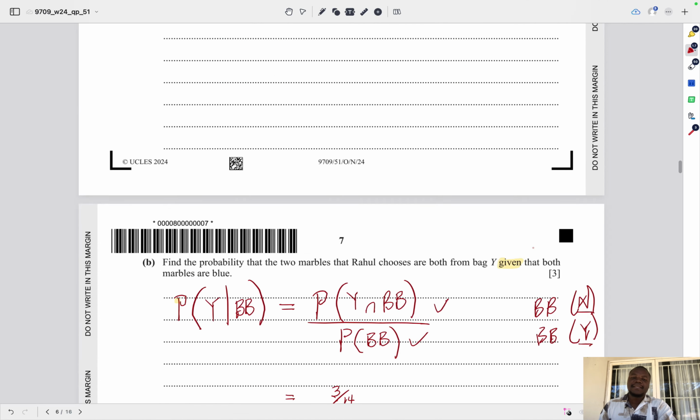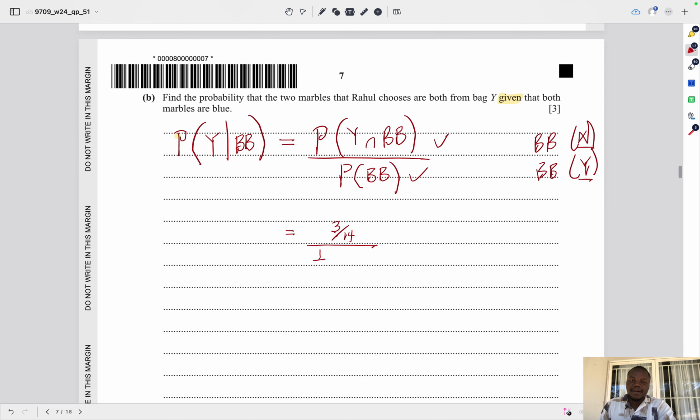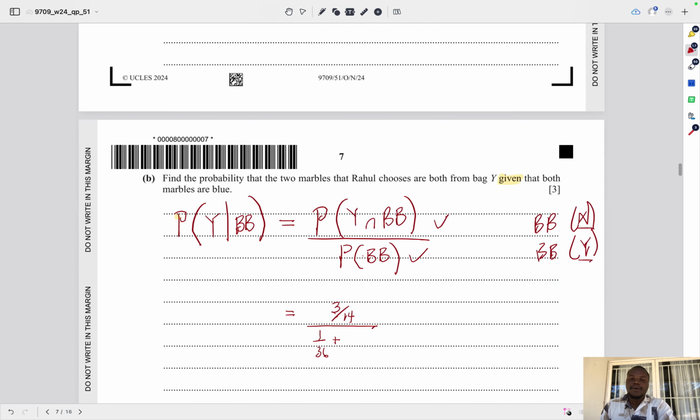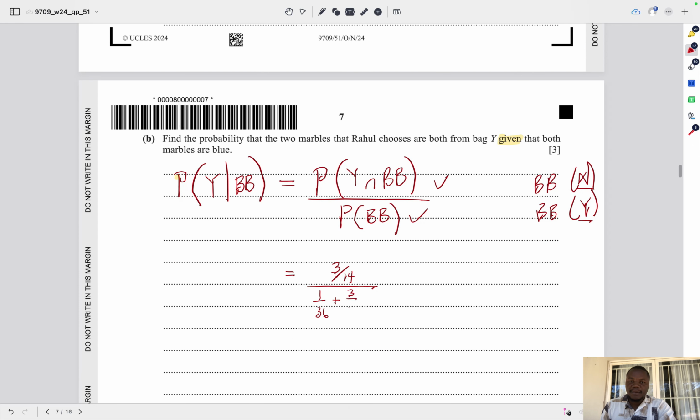So it means the denominator is 1 over 36 plus, let me just go back here, 3 over 14. So we add these two and then just use our calculator to find that. 3 over 14 plus 1 over 36 gives 61 over 252.